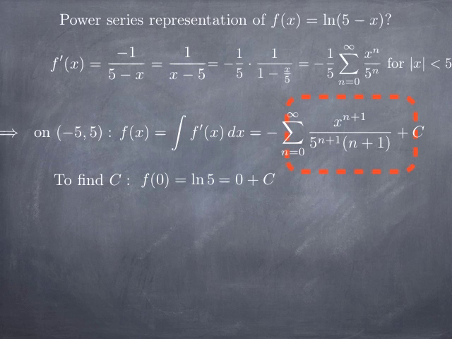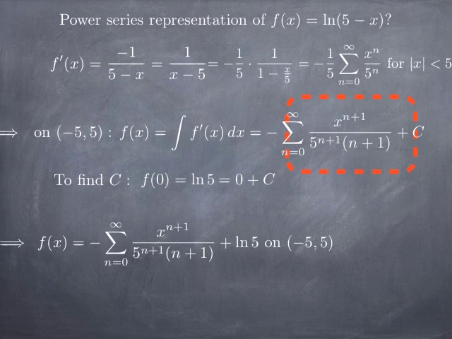So the constant c has to be natural log of 5, which gives me my power series representation for f of x as negative series from 0 to infinity of x to the n plus 1 divided by 5 to the n plus 1 times n plus 1, plus ln of 5, and that is valid on the open interval from negative 5 to 5.